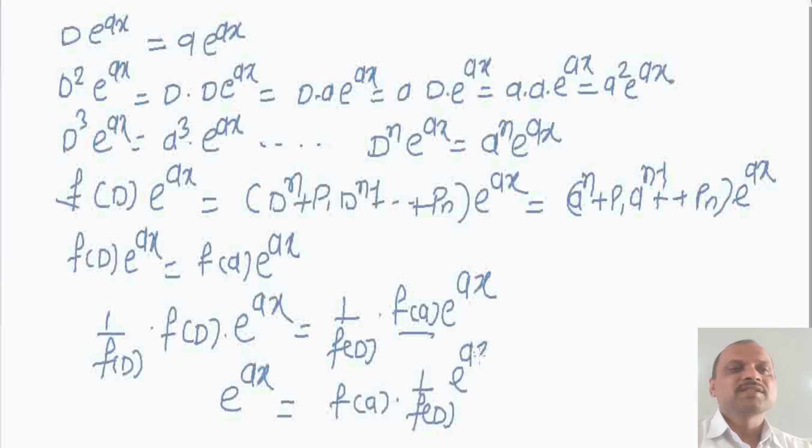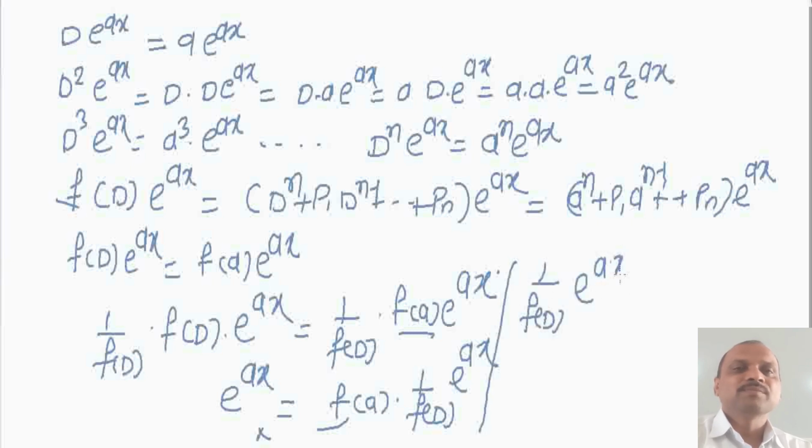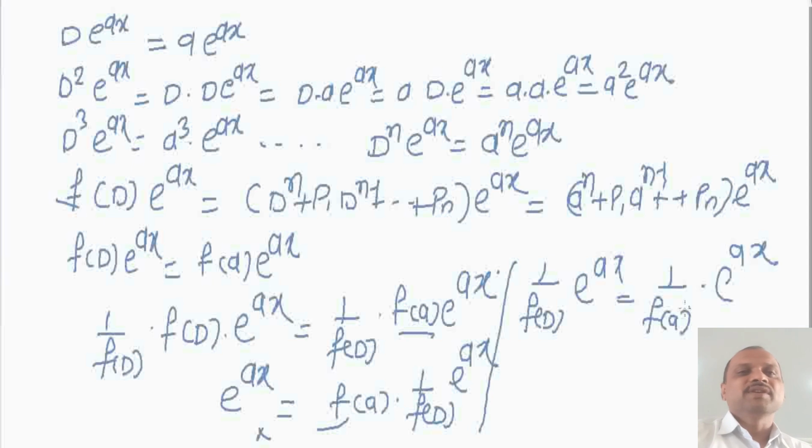Now take this term to the left side, hence 1 upon f of D e raised to ax equals 1 upon f of a into e raised to ax. And therefore whenever the right hand side is an exponential function e raised to ax, the particular integral equals 1 upon f of a into e raised to ax.